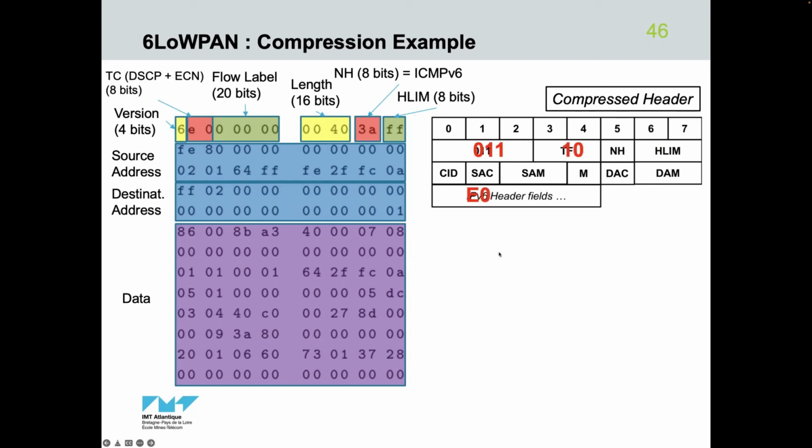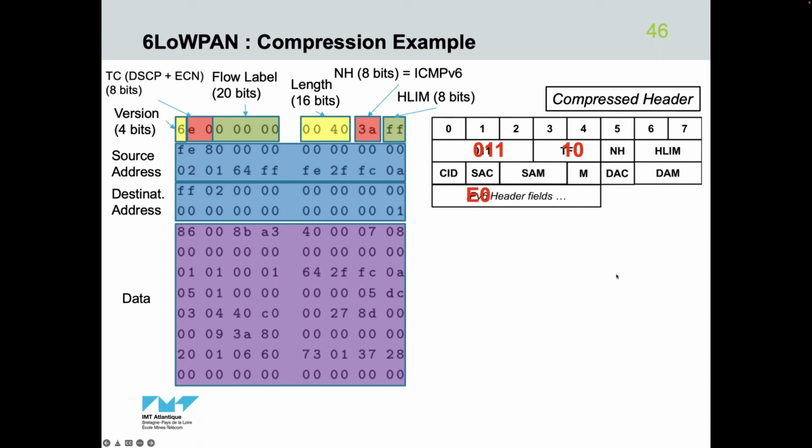Then we have the field of the compressed header, the TF. In this example, it is labeled as 10, and therefore only the flow label is elided, and the rest is carried in line. As you can see here, E0 is carried in line because it is not compressed, so we have to provide this information to the destination as it is.